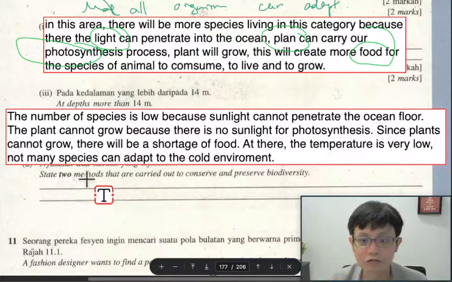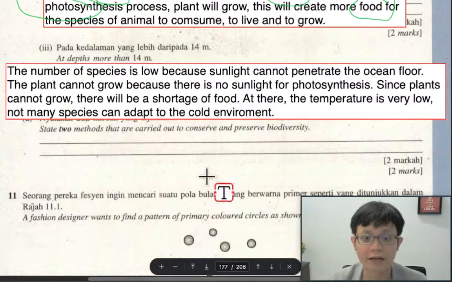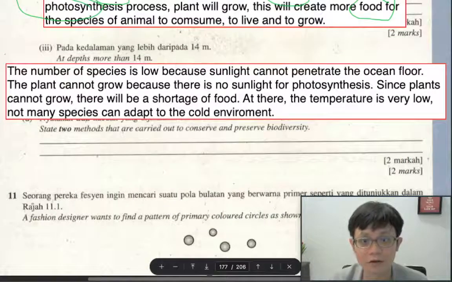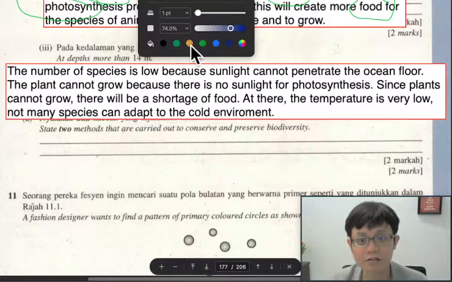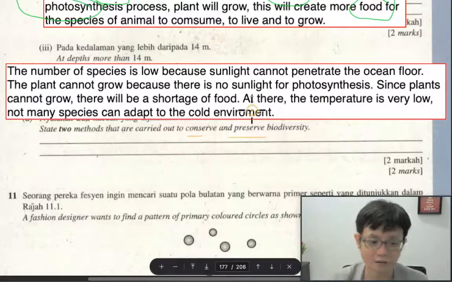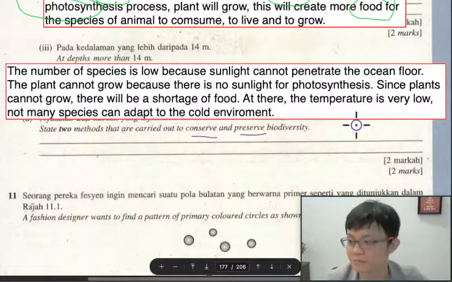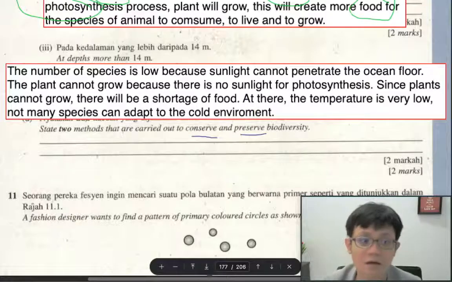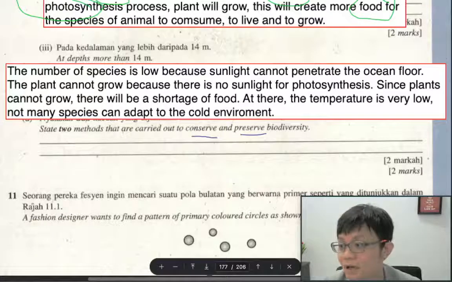Okay, state two methods to conserve and preserve. So how do we conserve and preserve the biodiversity? This one also I think there's a lot of answers. Keep the ocean clean.